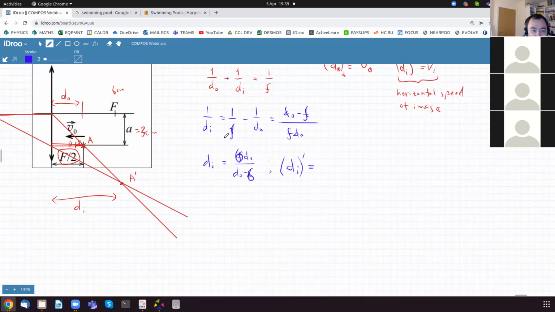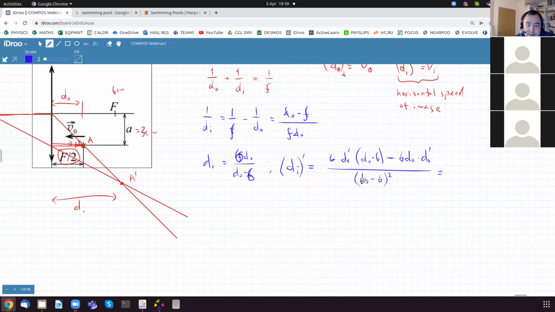We can differentiate that, so the derivative of this is going to be 6 d naught prime multiplied by d naught minus 6, minus 6 d naught multiplied by d naught prime, and all over d naught minus 6 squared. Okay, and that's the horizontal speed of the image.